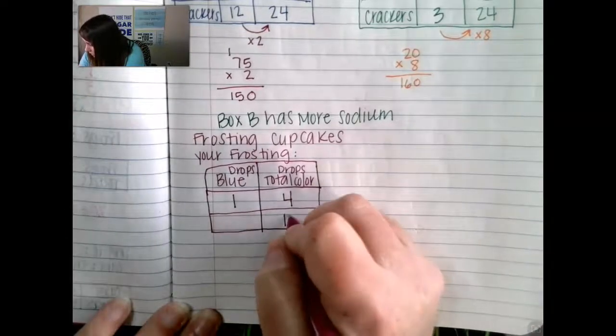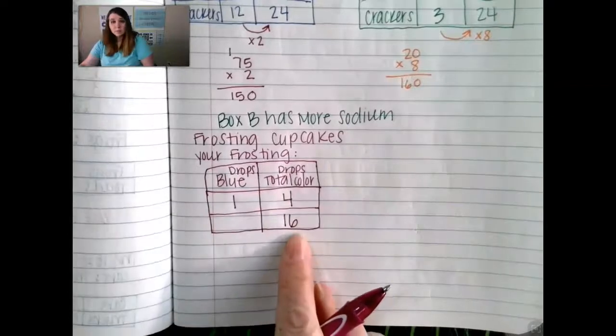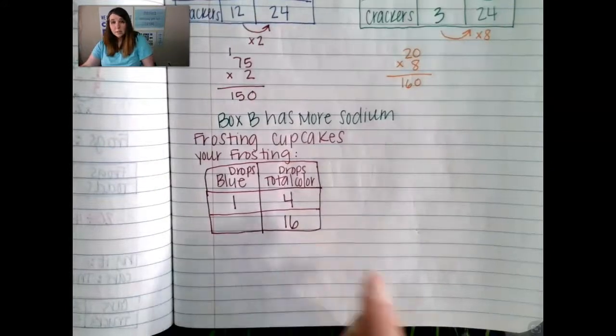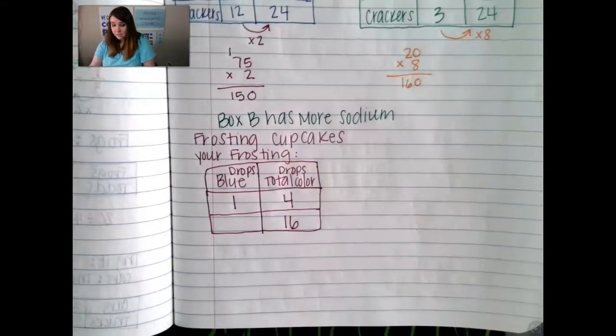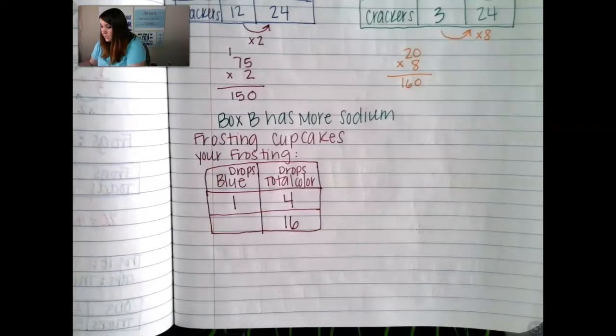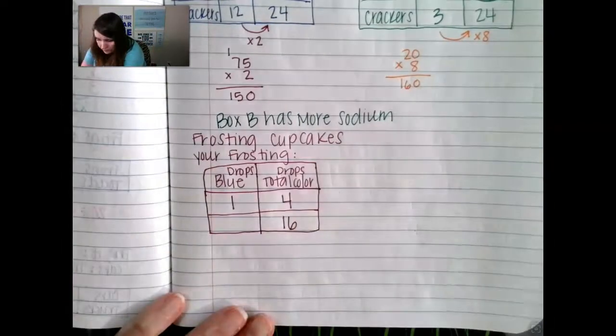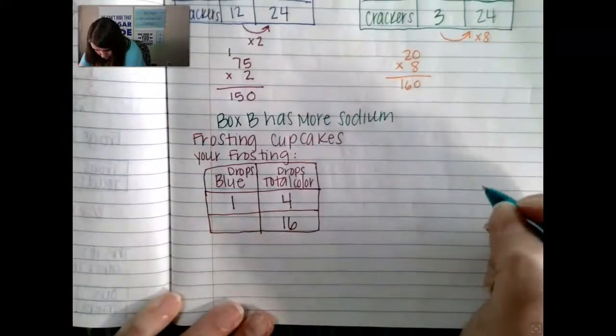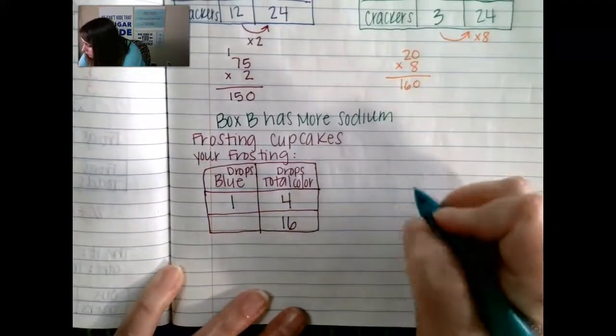I want to know how many drops of blue I have when I have 16 drops of total color. So let's look at my frosting. My frosting has 3 for 8.